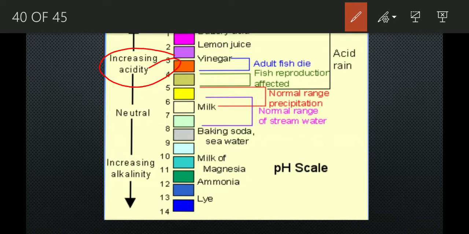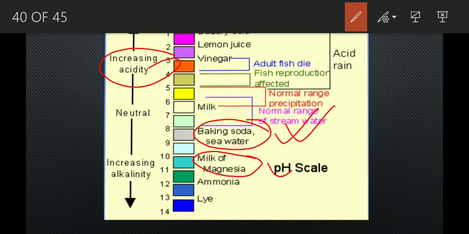On the other hand, if we consider baking soda and milk of magnesia, baking soda has a pH of around 7.5, whereas milk of magnesia has a pH between 9 and 10. So baking soda is less basic than milk of magnesia.